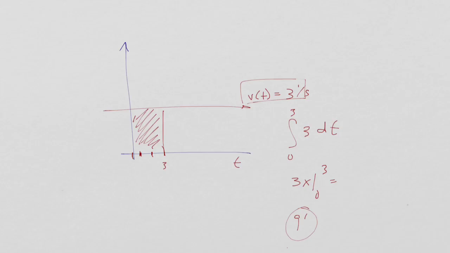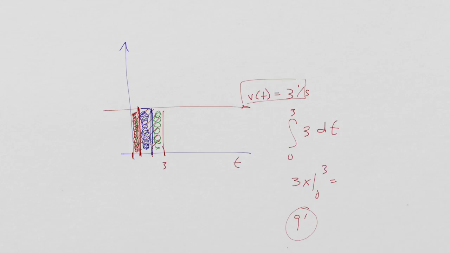After 1 second, I have gone 3 feet, and that's what would be represented by the area of this first little rectangle here. And then if I go another second, I've covered another 3 feet. I'm sorry, I said that all backwards. I hope that wasn't too confusing.